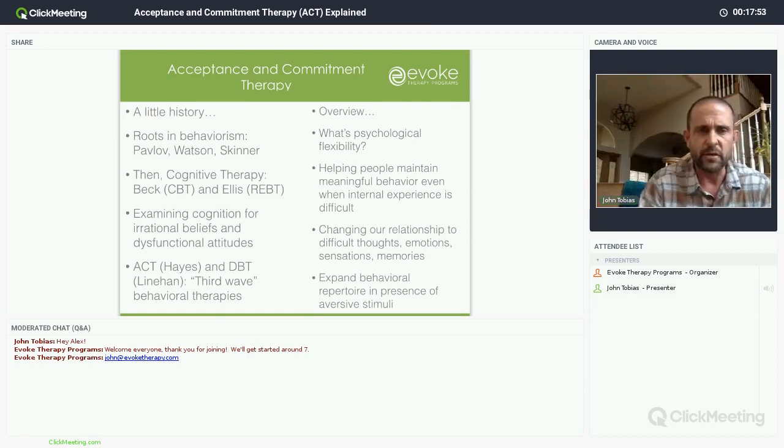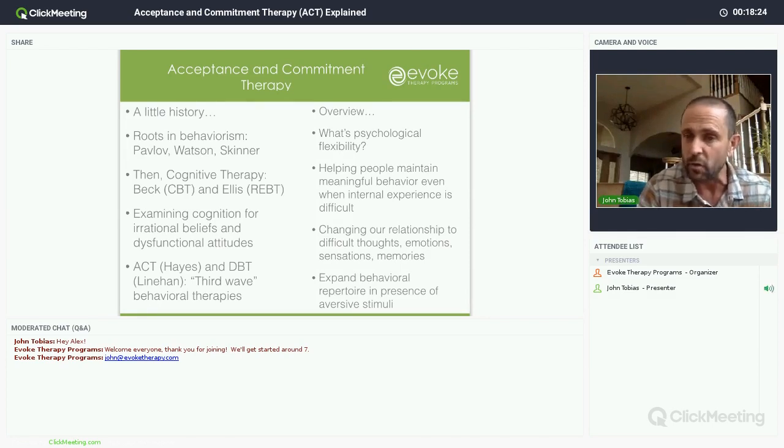Without getting too off track, one of the things that sets aside both ACT and DBT from second wave behavioral therapies is a real emphasis on the role of mindfulness, contacting the present moment, being able to look at our internal experience from a mindful perspective.